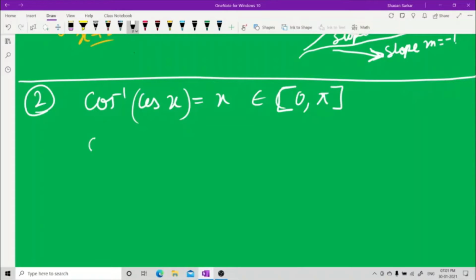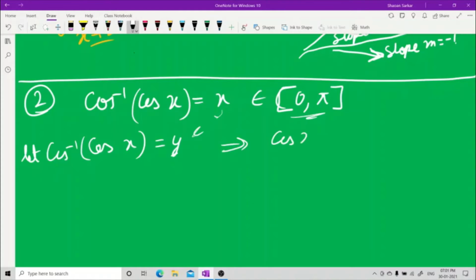You get cos x, put cos⁻¹(cos x) as y. This means cos x equals cos y, so you can write it as y = 2nπ ± x.